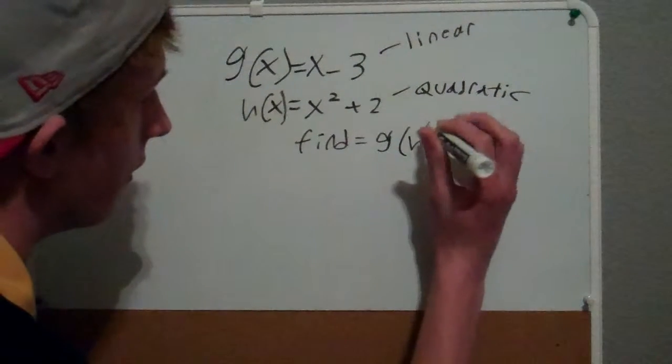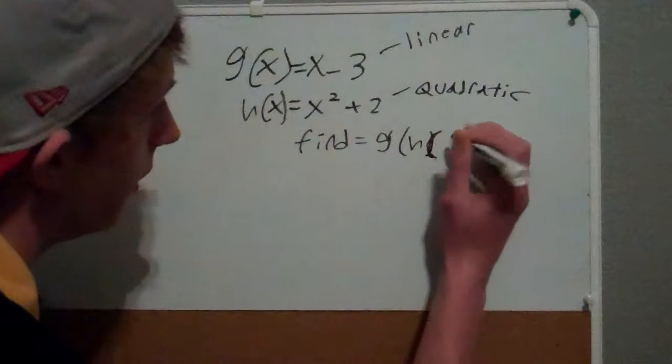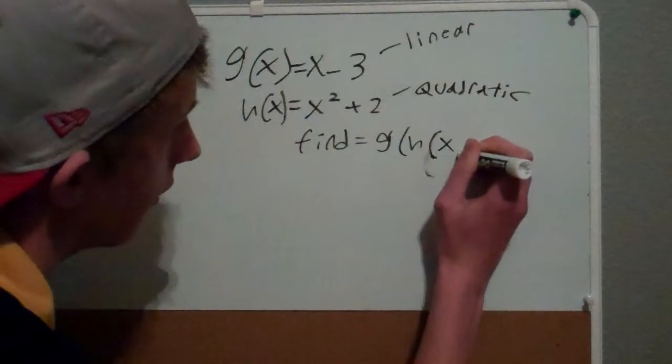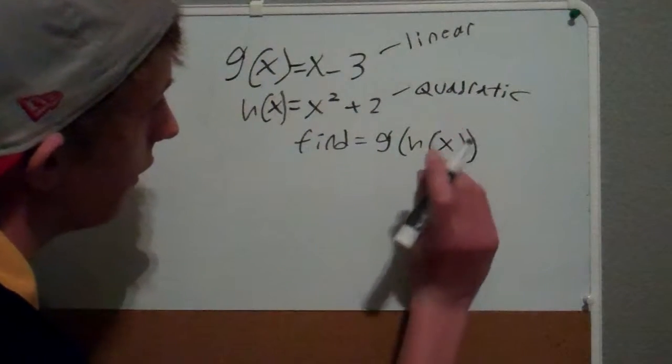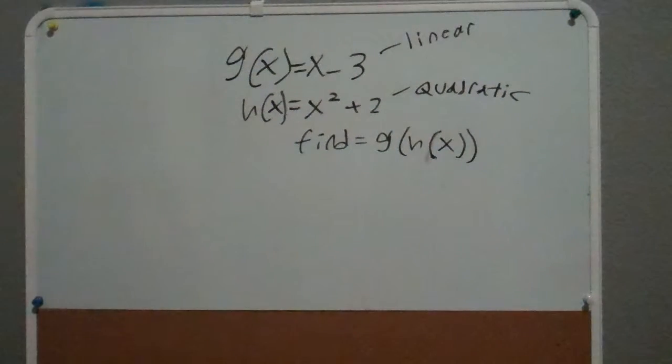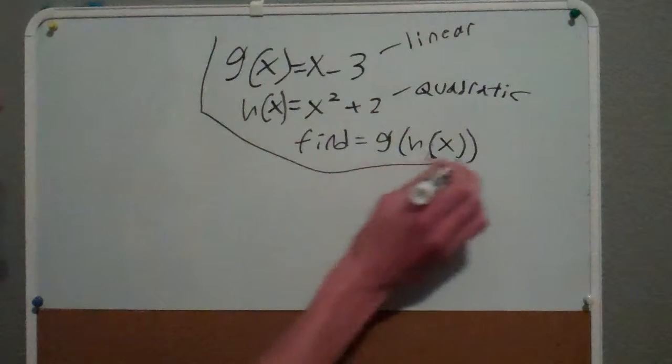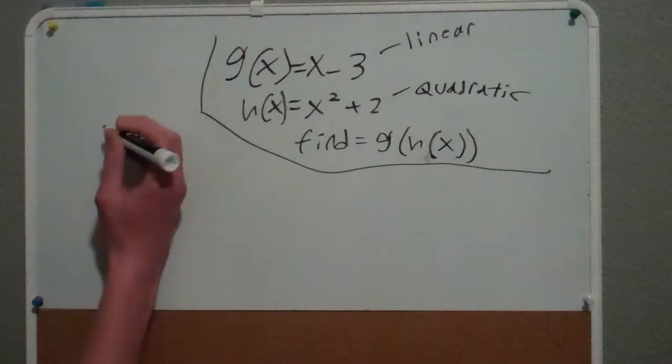H of g, oopsies, that's supposed to go the other way. Our x in the equation is still going to be x. It's not going to have any equivalent number right now. But yeah, we're going to take this x squared off from the rest of our equation.